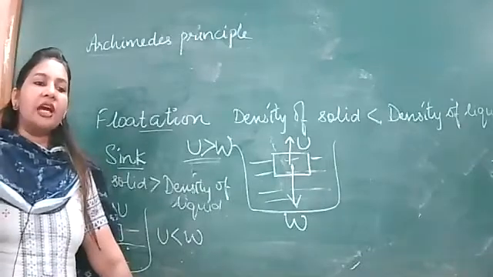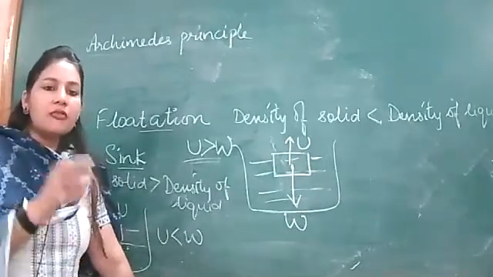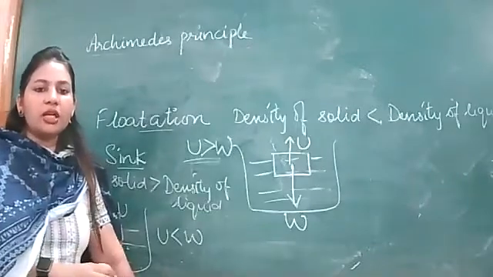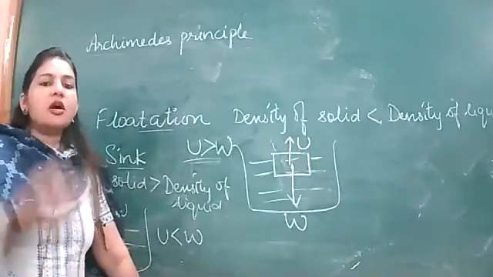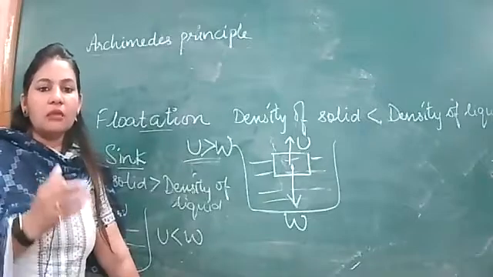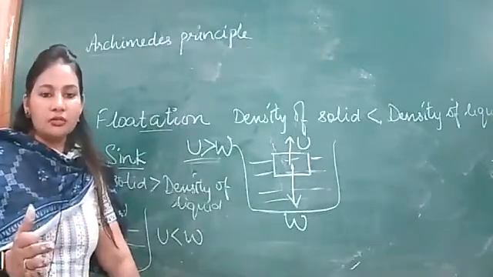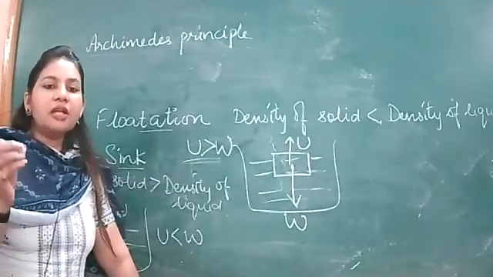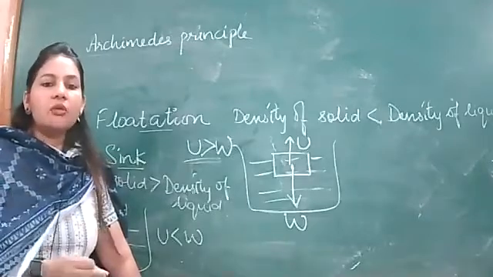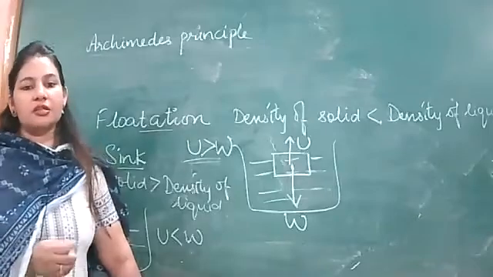Suppose you jump inside the water from a certain height. By going inside water, you have displaced some water. Then weight of that displaced water will be equal to the weight that you have lost. This is called Archimedes principle.